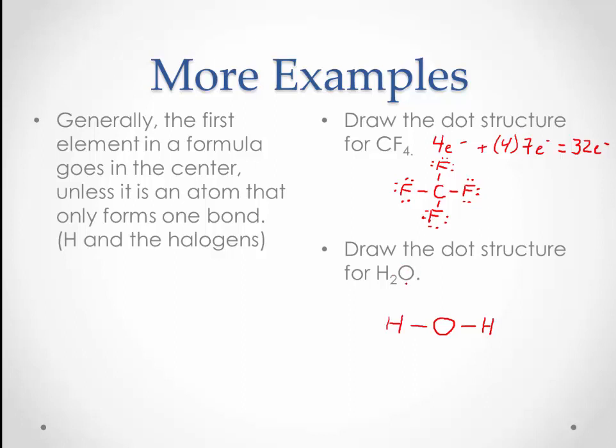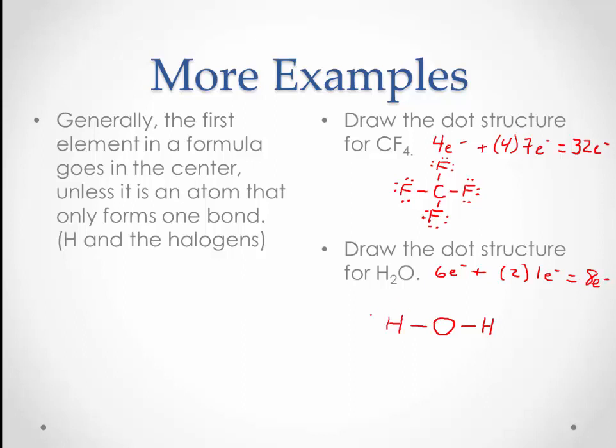Oxygen, if you go look at the periodic table, is 2 away from the noble gases, so it has 6 valence electrons. Each hydrogen has 1. So we have 2 times 1, so total of 8 valence electrons.